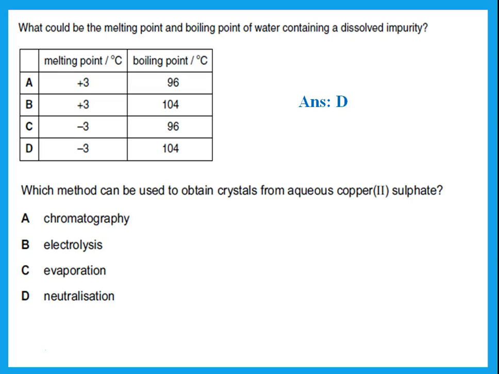If I have a solution of copper sulfate and I want the crystals, then of course I need to do crystallization, right? But there is no crystallization in my choices, so which one is applicable to what we're saying? Crystallization means I have to heat it to evaporate some of the water, so my answer is evaporation.